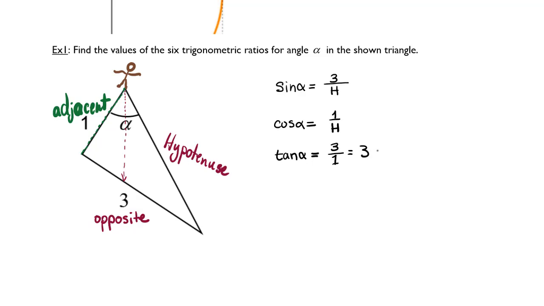Now remember, the other 3 can just be the reciprocals of the first 3. We have cosecant of alpha, which will be hypotenuse over 3. Secant of alpha, which reciprocal of 1 over h is h over 1.